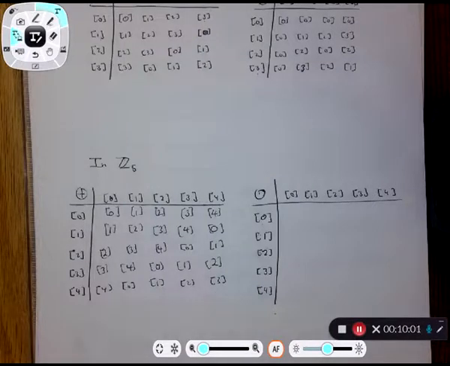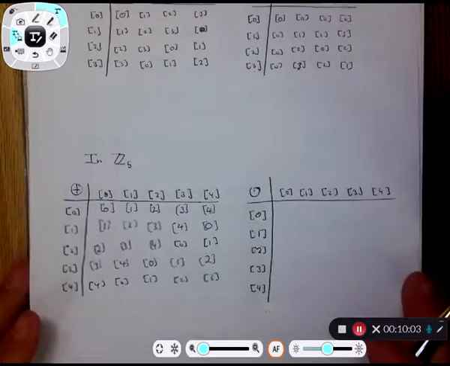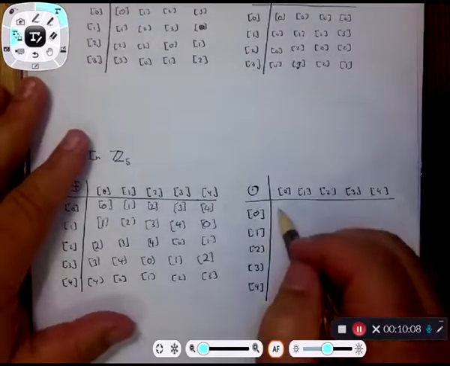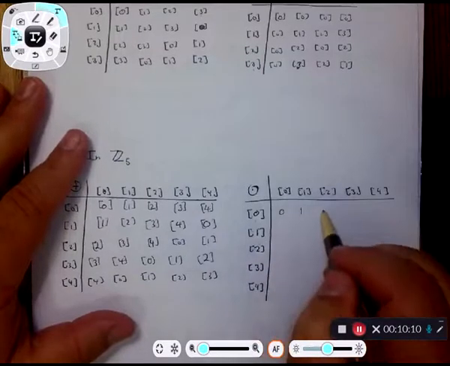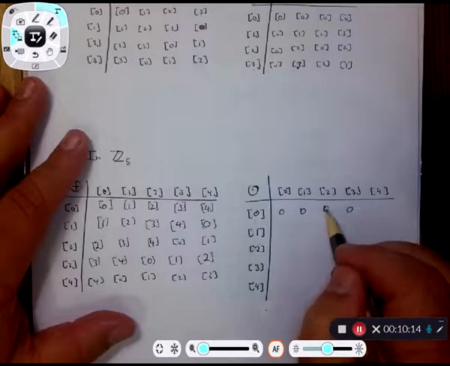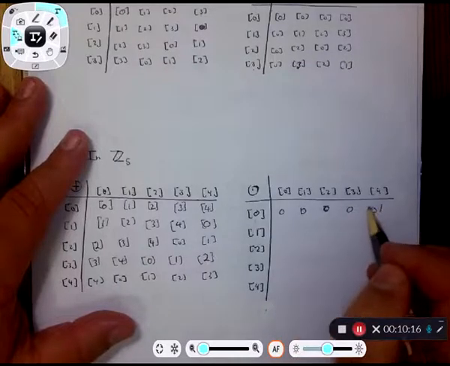Now we're going to move on to the multiplication table. And again, that gets a little more interesting here. 0 times 0 is 0, 0 times 1 is 0, 0 times 2 is 0, 0 times 3 is 0, and 0 times 4 is 0.